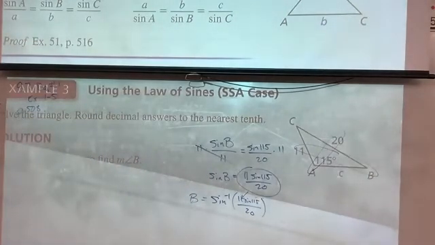Why don't you go ahead and type that in? Inverse sine of 11 sine 115 over 20.